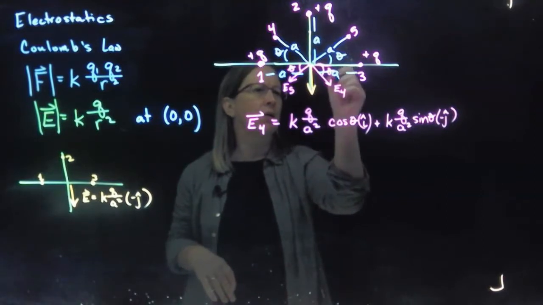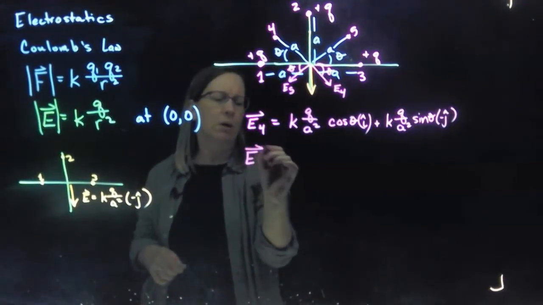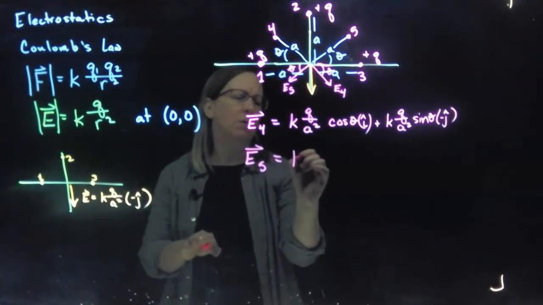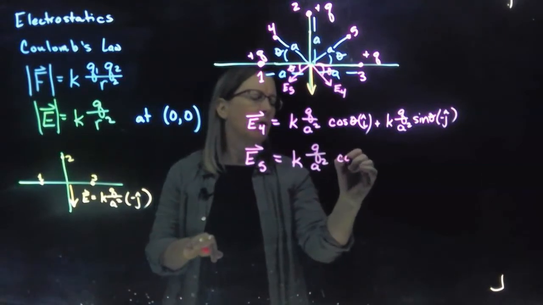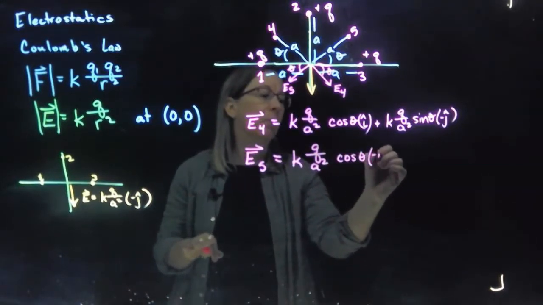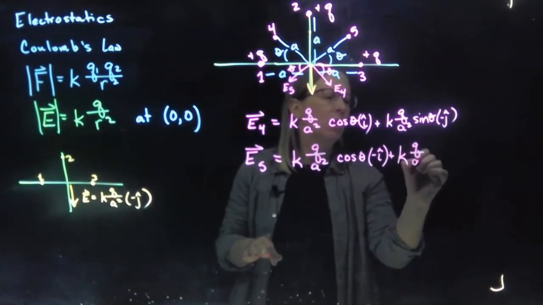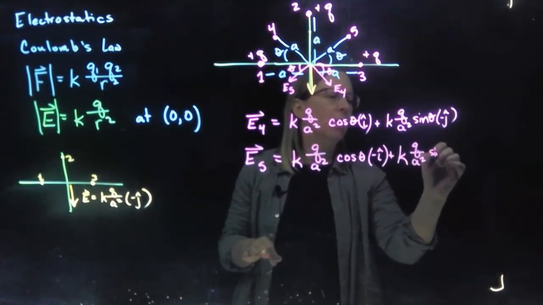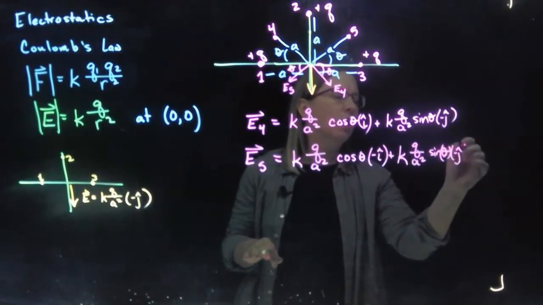Cosine would be like this. Sine would be down. And then for E5, it looks like KQ over A squared cosine theta in the minus I hat plus KQ over A squared sine theta in the minus J hat.